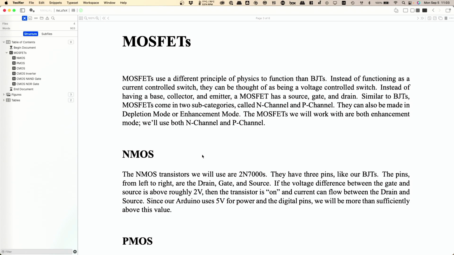The way this works is if the voltage difference between the gate and the source is roughly 2 volts, then it switches to on. Right around that 2 volts, you can have weird behavior. But the good news is we don't have to worry about that because the Arduino pins are 5-volt pins, and 5 volts is way above 2 volts, so things will work quite nicely. The PMOS is the same thing, except it turns it off instead of on.